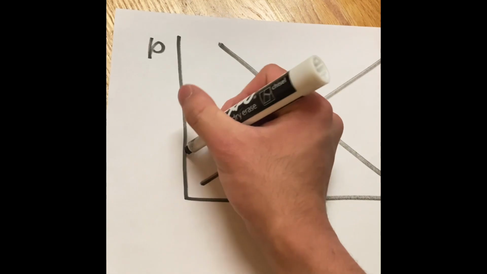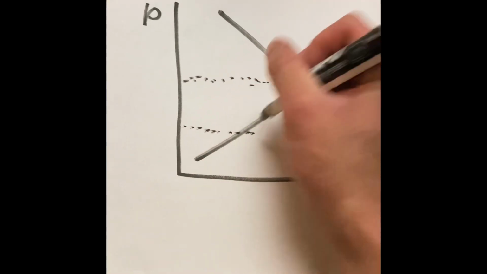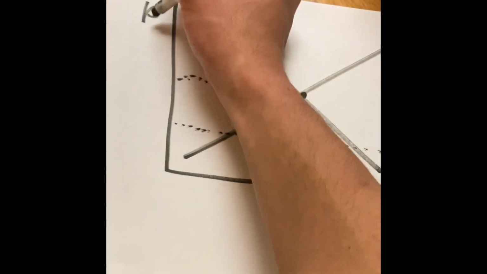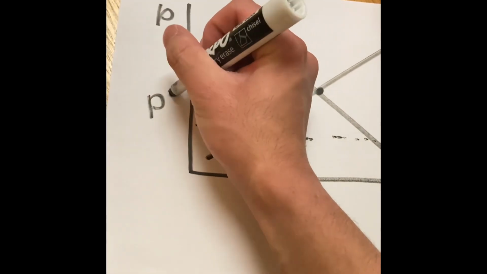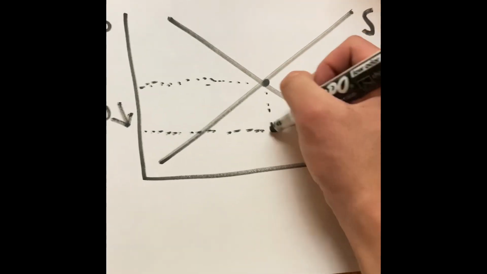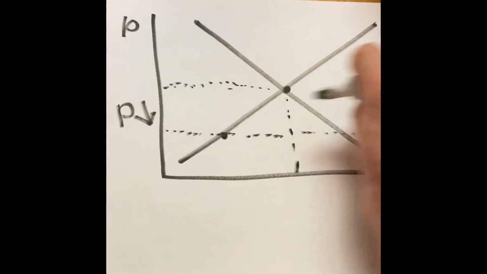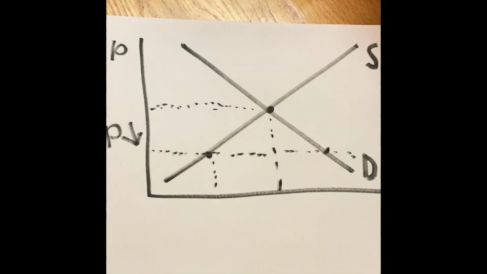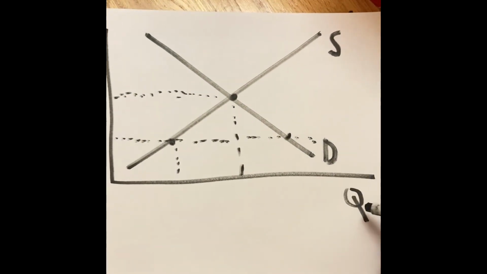If I put the price down here, the letter P is going to go down. We made a dot and changed it to here, so we changed the quantity.